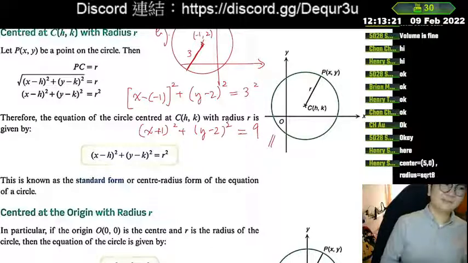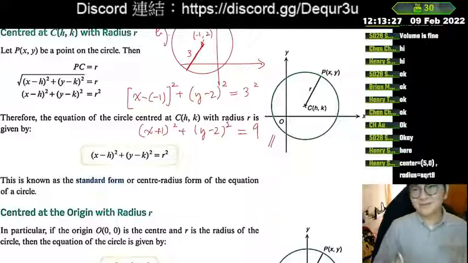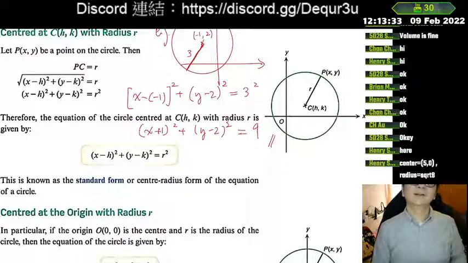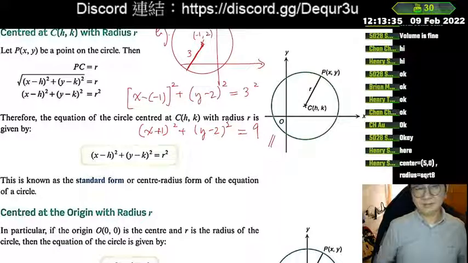The standard form, the center radius form, is easy to write and easy to get information from, but it is not very convenient for solving. Therefore, we will work more on general form next time.